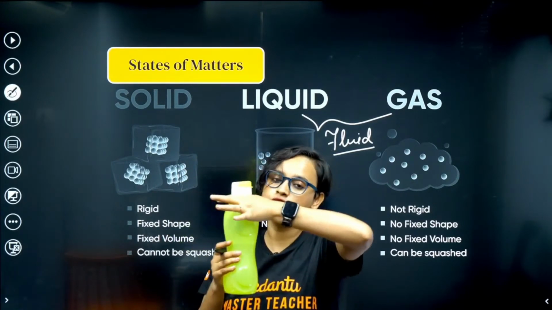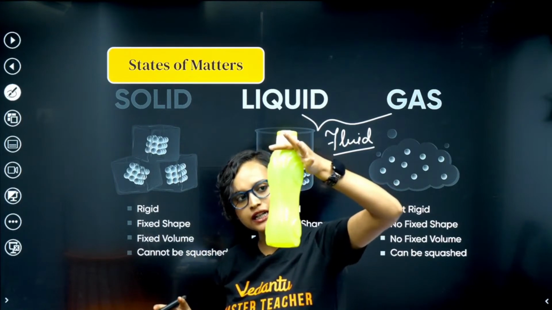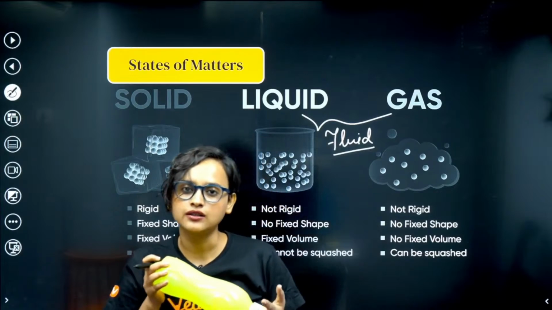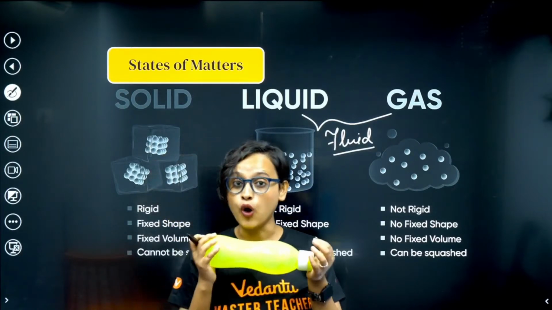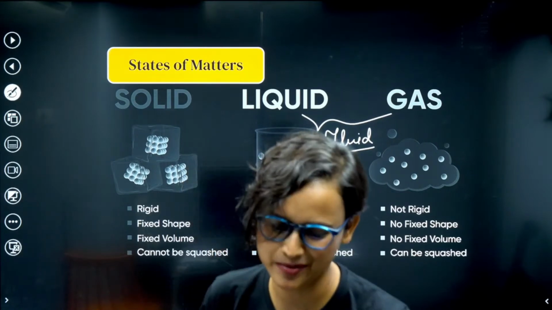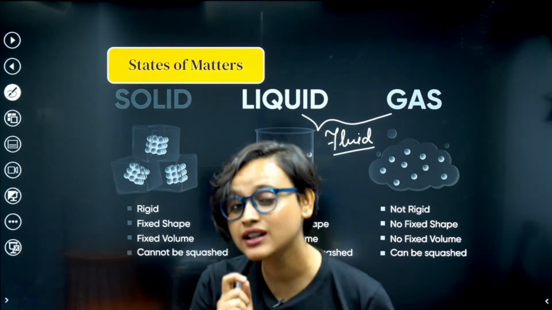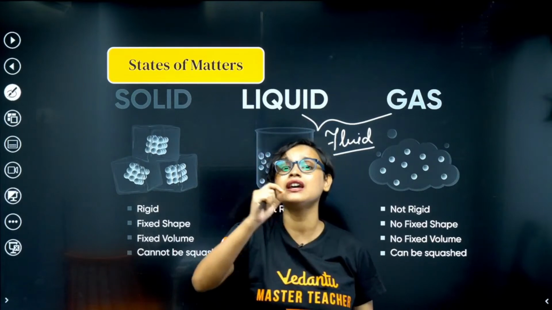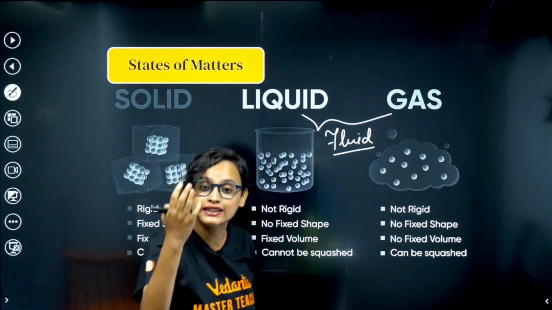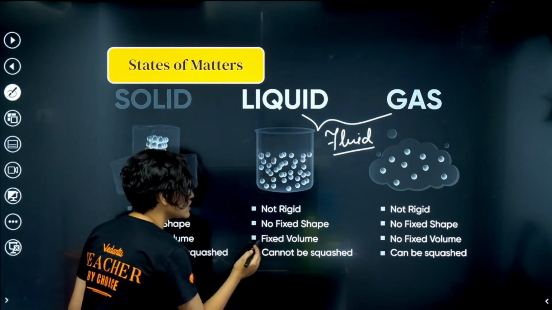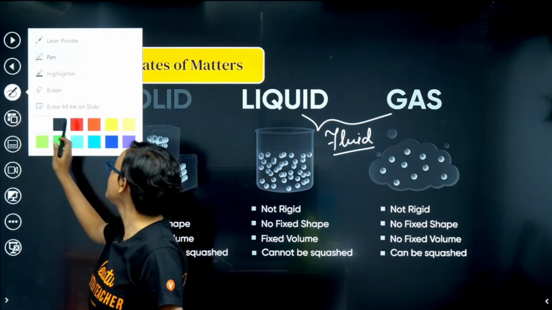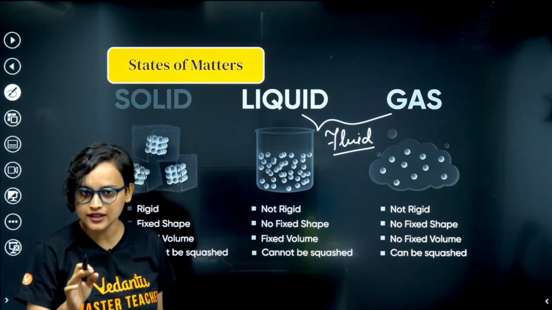Now imagine if this bottle is completely filled and then I pour it into a bucket, what will happen? Do you think that the 1 liter of water will change into 50 liters? Not possible at all. 1 liter of water will remain as 1 liter only. The volume won't change. And that is exactly what it is trying to say, that it has fixed volume. Getting it, my dear student?